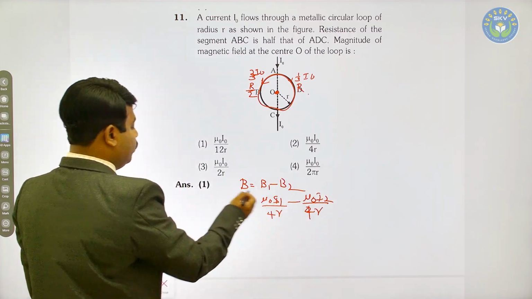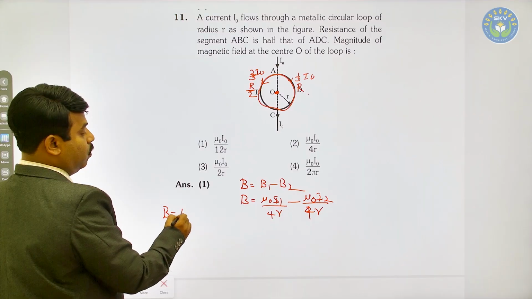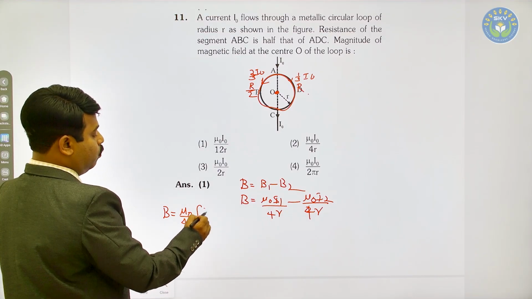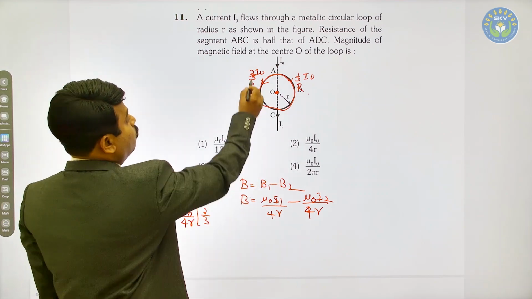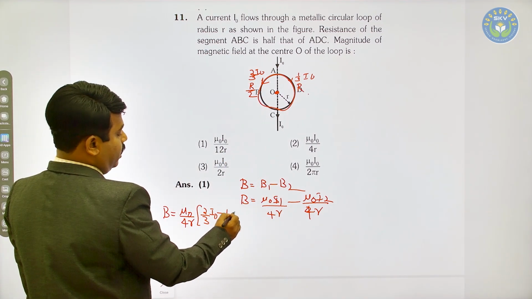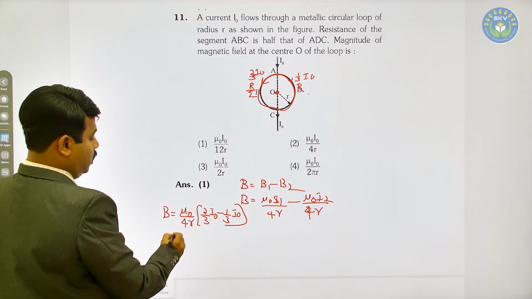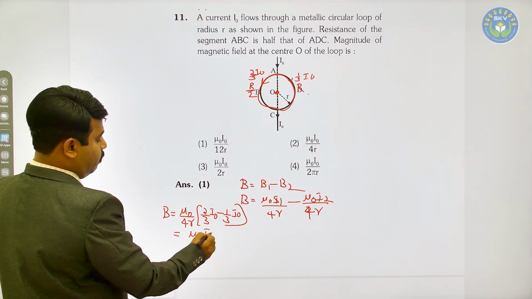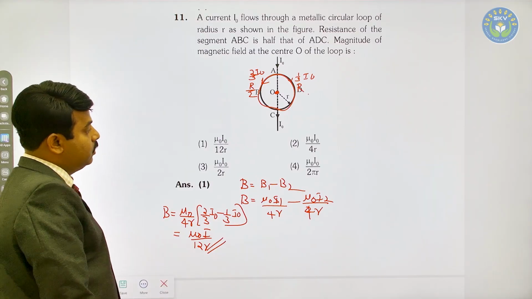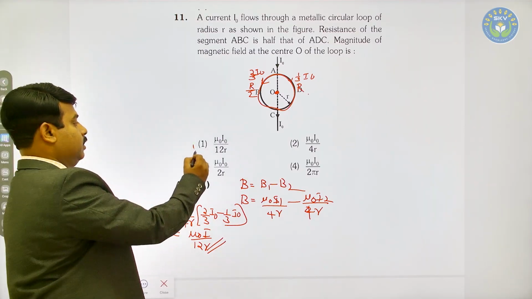Now we can take out mu 0 by 4R. Here I1 is 2 by 3 I0, and here is 1 by 3 I0. Then mu 0 I0 divided by 12R is the answer. So option 1 is correct.